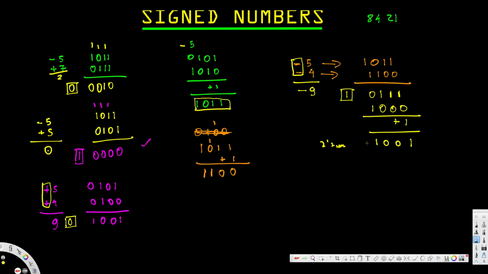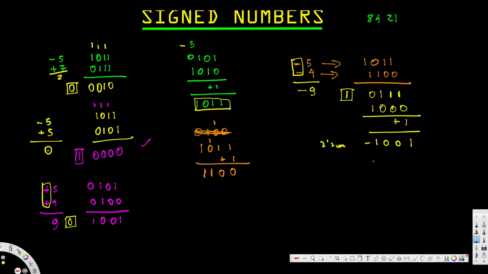The answer should be negative because we have an extra carry, that's 1. Here you can see 1 0 0 1 is 8 plus 1, that's 9, so we are getting -9. That's what we're supposed to get, right? So wherever you see the extra carry is 1 when we add same-sign numbers, it means the sign is opposite, so here we are getting a negative answer.